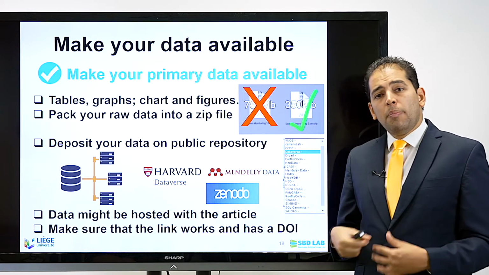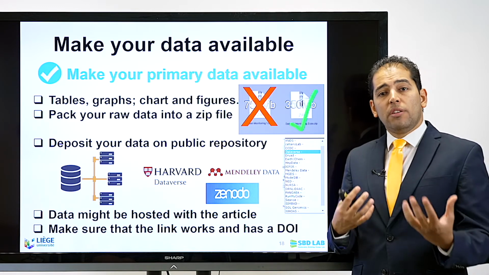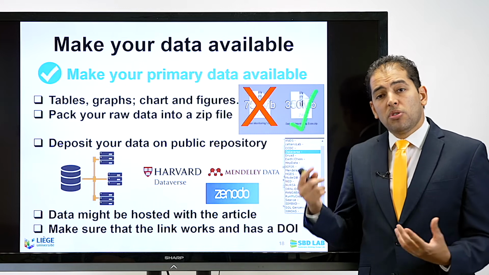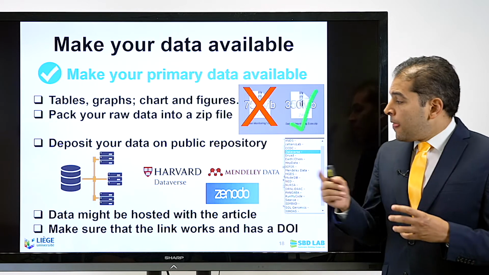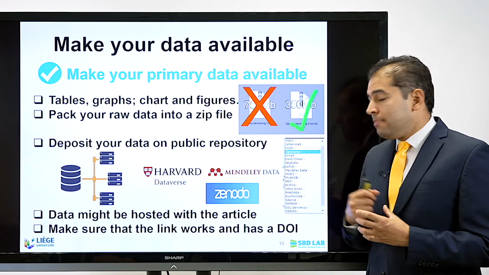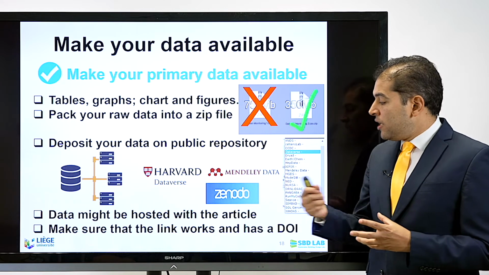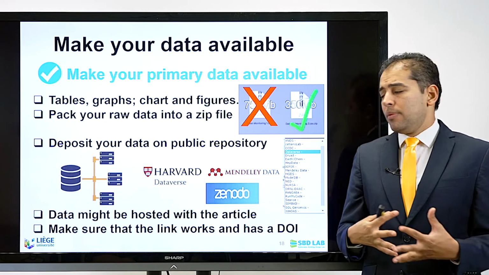Deposit your data in a public repository, and we earlier had a presentation about how to share your data in public repositories. There was a video about publishing data. So you can look at Dataverse, Harvard Dataverse, you can publish it in Mendeley Data, you can publish it in Zenodo, whatever public repository, if you have a national public repository.